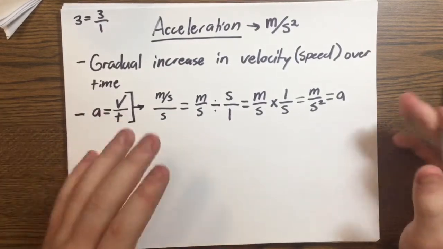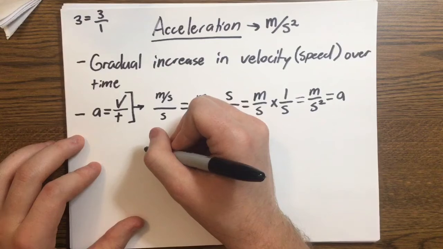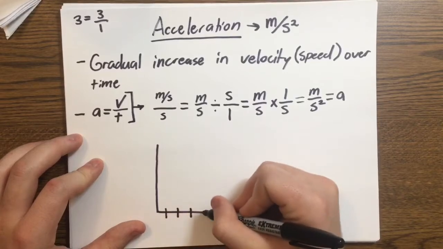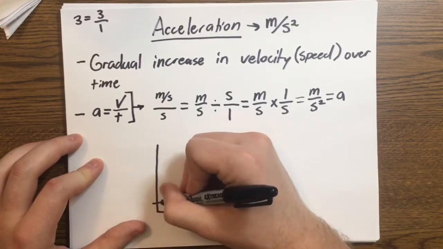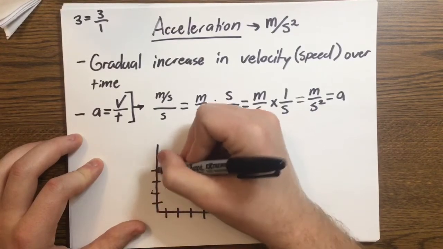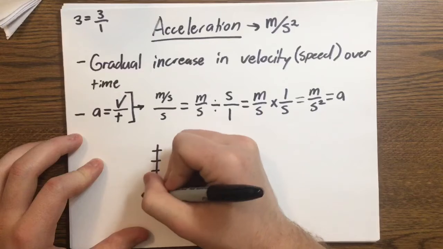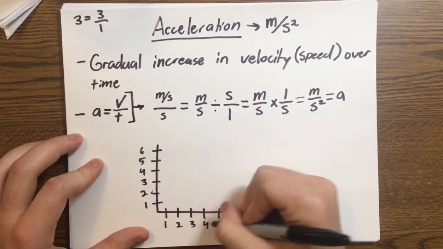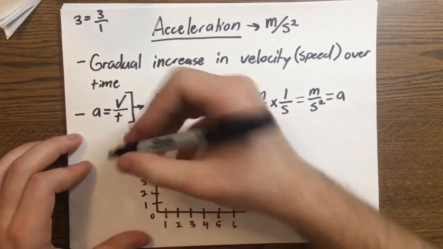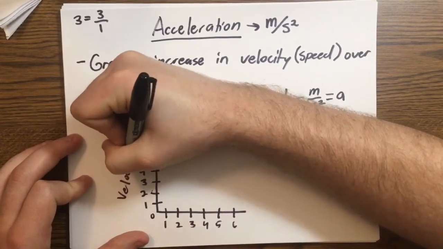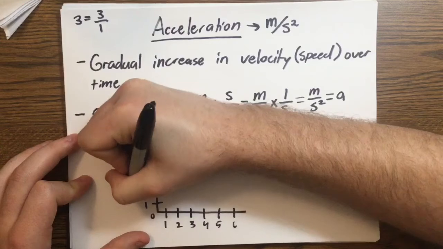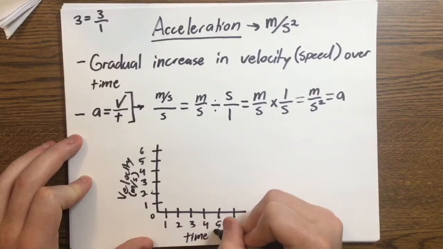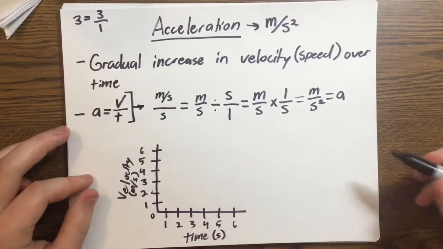So looking at acceleration, gradual increase of velocity over time. If we look at a graph, all right, so we have a graph here.